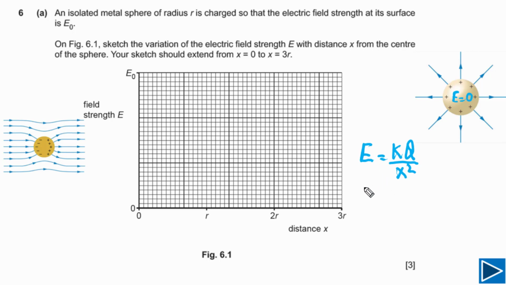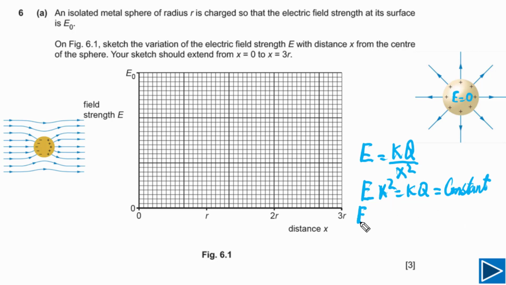Now if you look at this equation, we can rearrange it. We can write Ex squared equal to kq. Q is the amount of charge on the metal sphere that is constant, and k is also constant. It simply means that the product of E and x squared is constant.